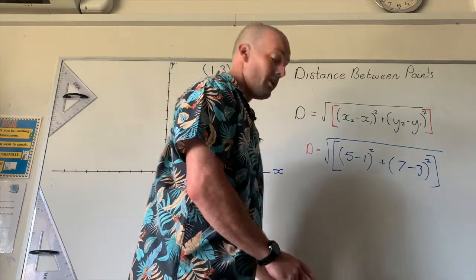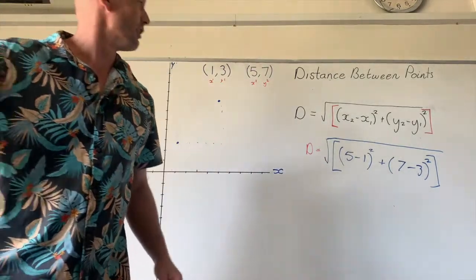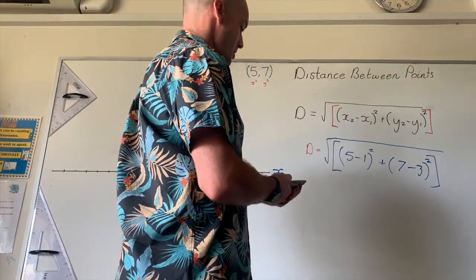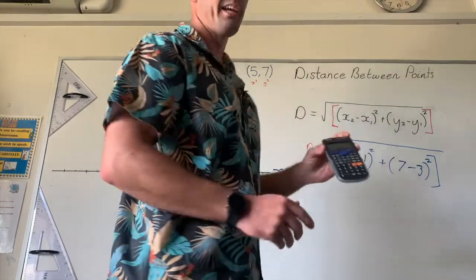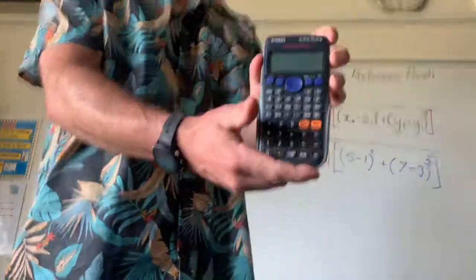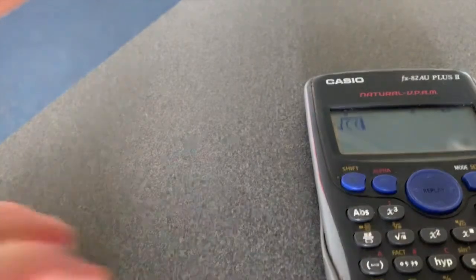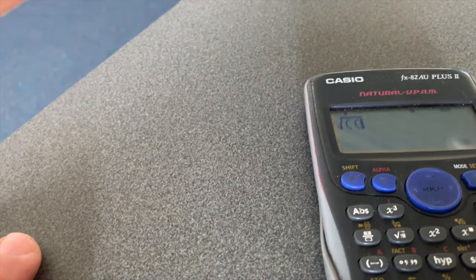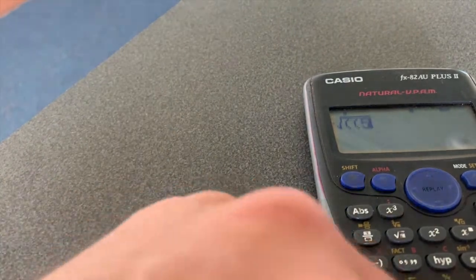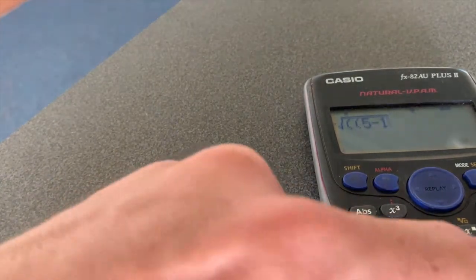Now, we can do that on the calculator. So you pull your calculator out. This is a Casio FX Plus, common calculator for school students. So just to see how this goes. You turn it on, you press the square root, 1 bracket, and then a second bracket. Okay, you got to have those 2 brackets. Then we do 5 take 1 close brackets.